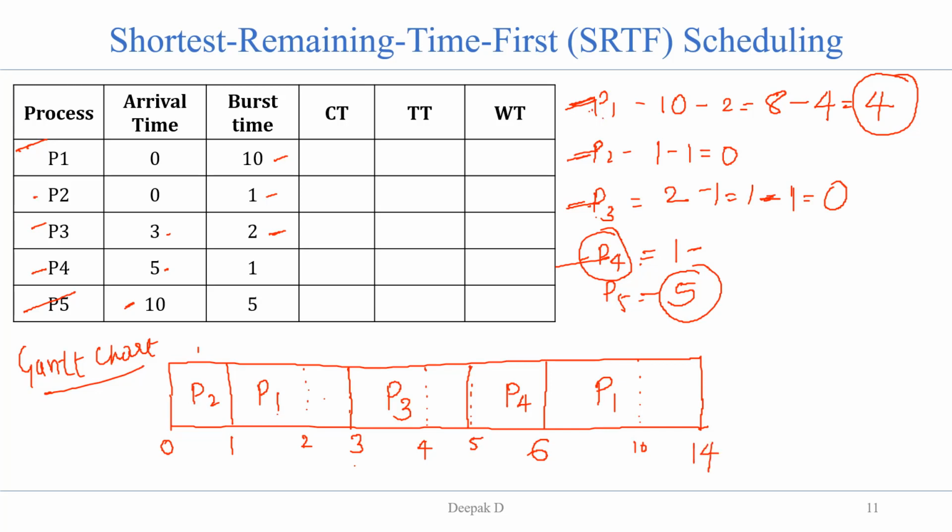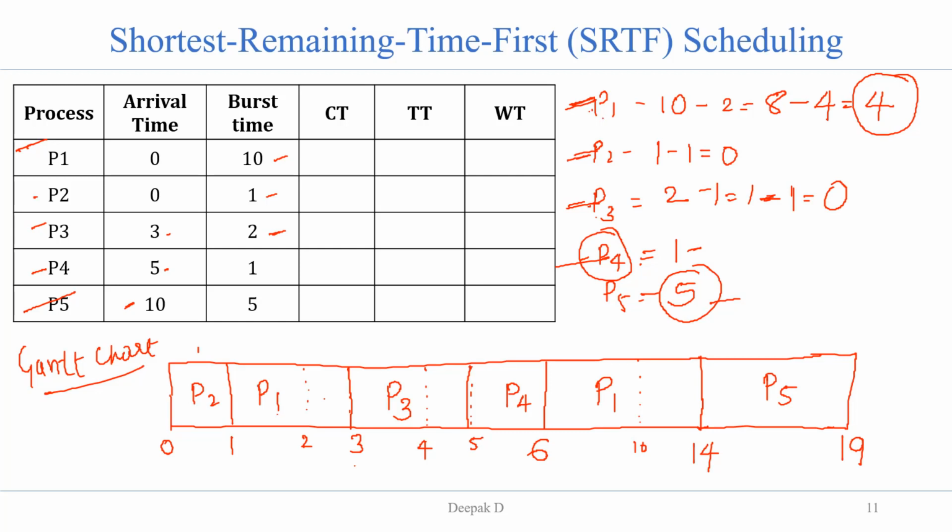So P1 has completed its entire burst time at 14 milliseconds. The only process waiting for execution, the last process, is P5. The burst time here is 5, and it is executed completely, and this is 19 here. So this is the way we write the Gantt chart with respect to this one.